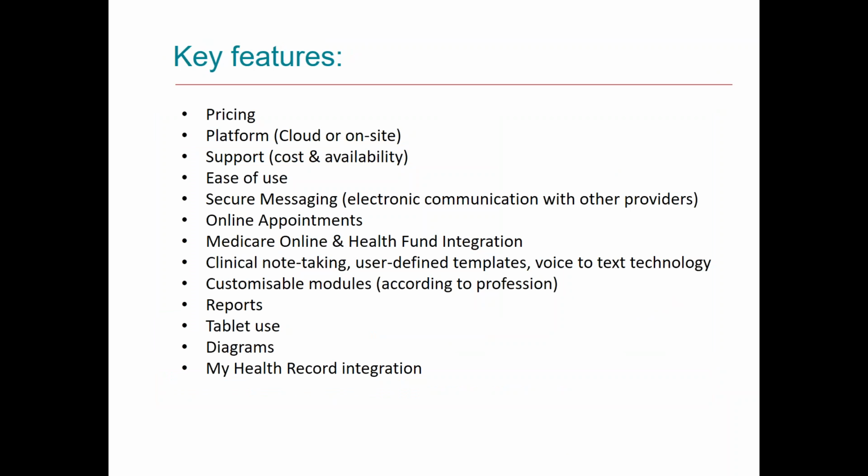This list of key features is a list that you identified. So this is what you told me were the things that you wanted. I thought it might be quite helpful. So it's a bit of a summary form. So ease of use.